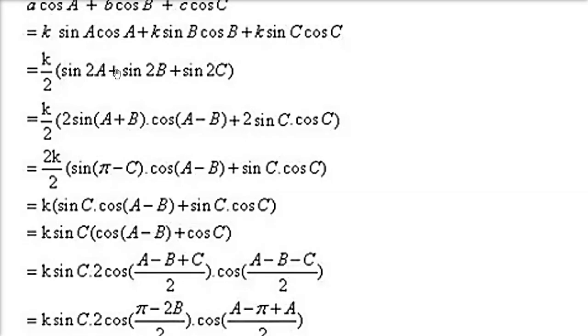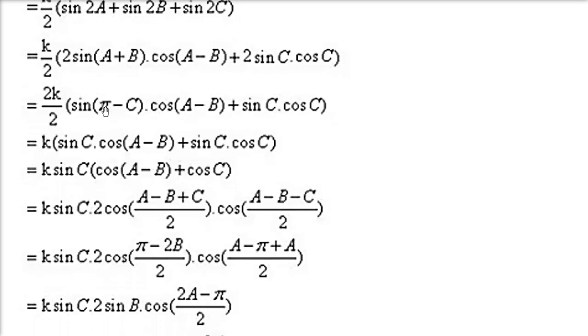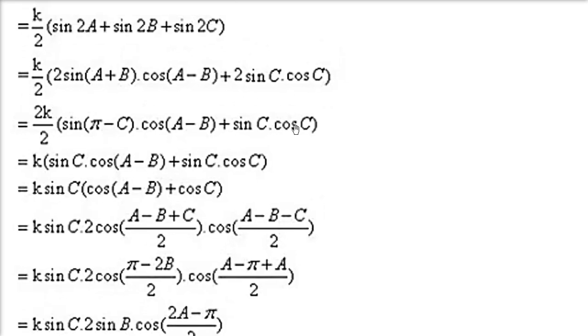And here what you get? Cos of (2a minus 2b) by 2, that is going to be cos(a minus b). Now, this a plus b can be written as pi minus c, because a plus b plus c is pi. So this is sin(pi minus c), but we know that sin(180 minus theta) is sin theta only. And this will remain as sin c cos c.